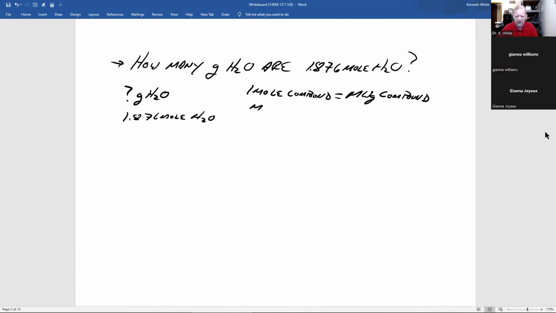And the molecular weight of a compound in grams equals the sum of all atomic weights, where AT period WT period is atomic weight, and that's in grams.